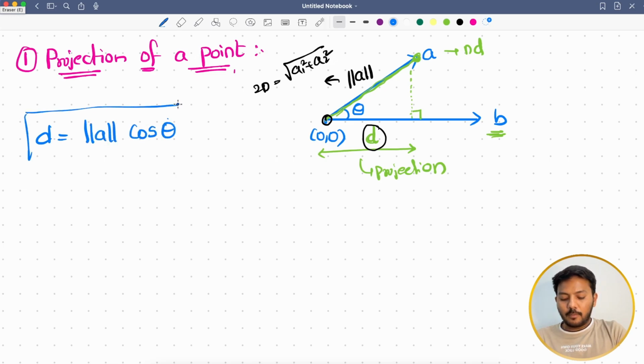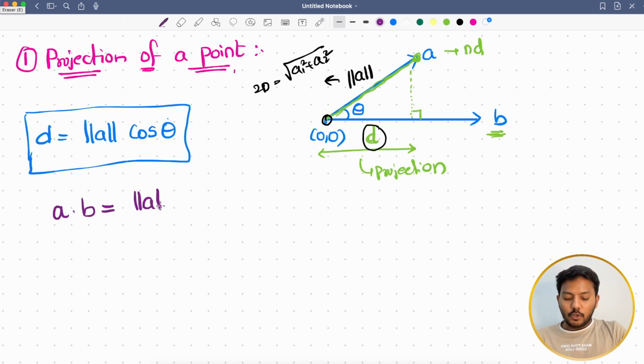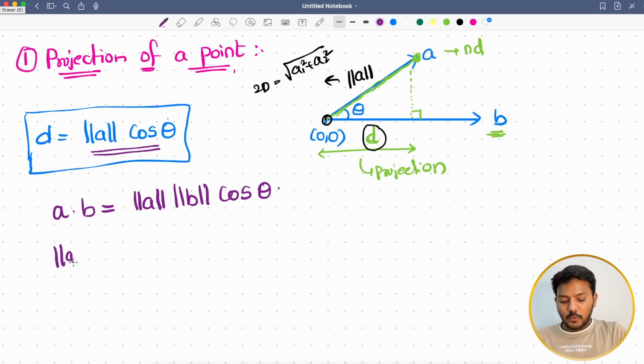So this is the formula, but in the previous videos we have also learned that if we have two vectors and I do dot product, a dot b is equal to modulus of a, modulus of b, and cos theta. Clear? So what I want is modulus of a cos theta. From this equation I can say modulus of a cos theta equals a dot b by modulus of b.